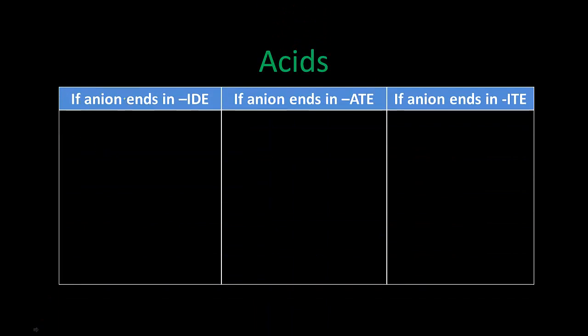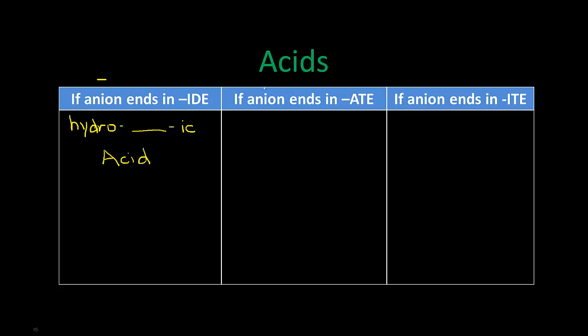If the anion, remember the anion is the negatively charged ion, ends in IDE, we are going to start it out with hydro, and then put the name, take the IDE off, and then put ic. And then we put acid.